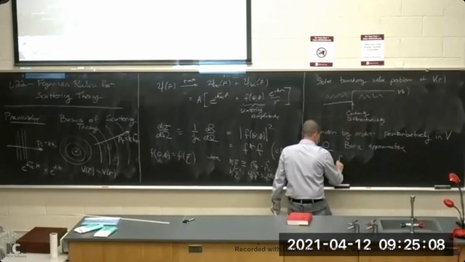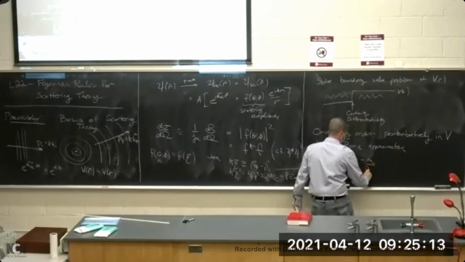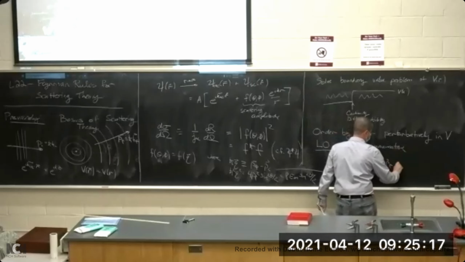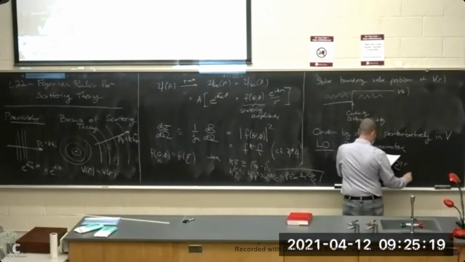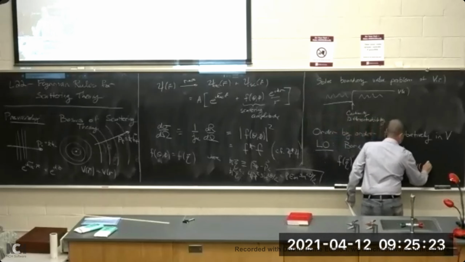And we found that the scattering amplitude f of q was just negative m over 2 pi h bar squared, Fourier transform, d3r, e to the minus i q dot r, V of r.